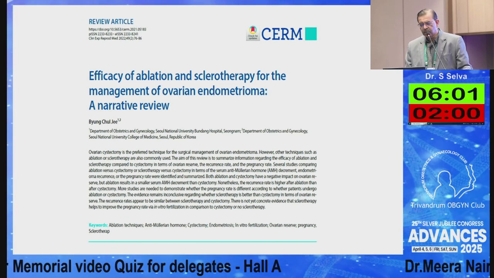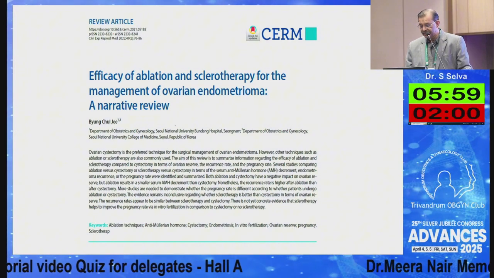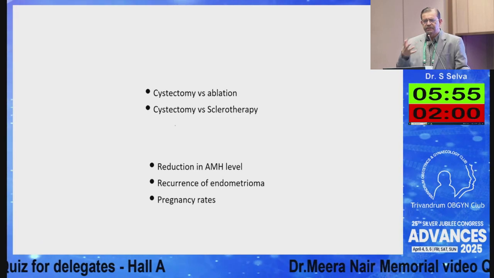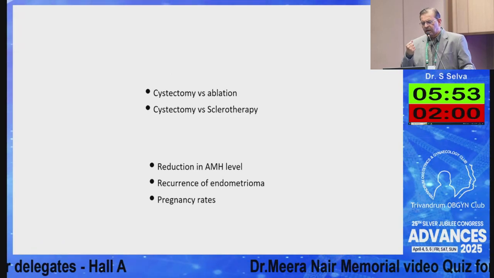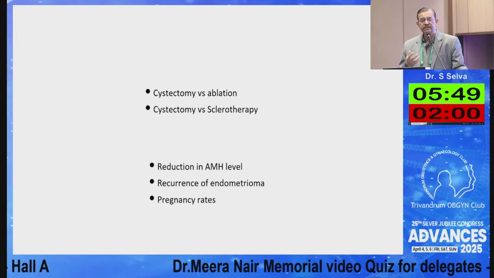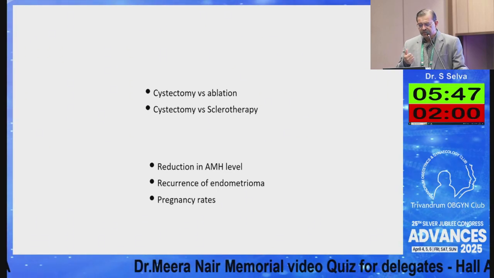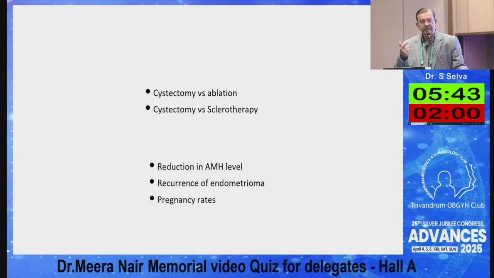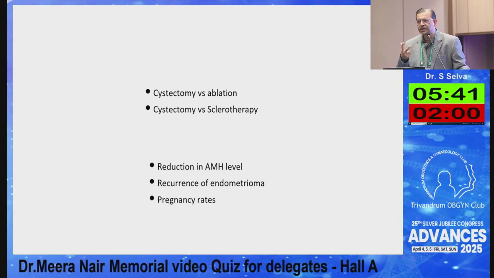This is the latest one that I could get, from 2021. I'm going to look at this paper and give you some evidence of cystectomy versus ablation, and cystectomy versus sclerotherapy, in terms of reduction in AMH, recurrence of endometrioma, and pregnancy rate. These are three things that we want to know.